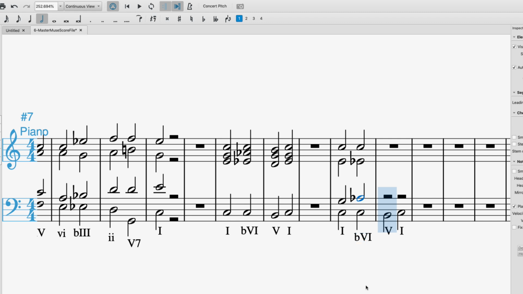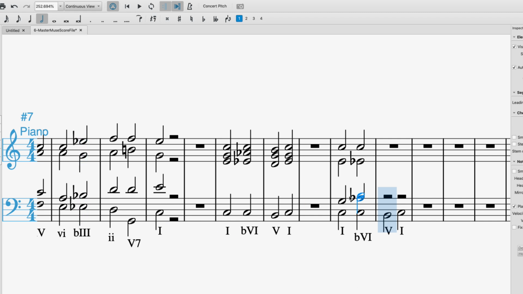All right, so let's take a look at what we've got here. We have doubled the third, which in this case is good because it's our only diatonic note. So that's probably the best one for us to double. We don't want to double the E flat or the A flat because they're chromatic tones. If you have to, you can, like we did over here, and it's okay.